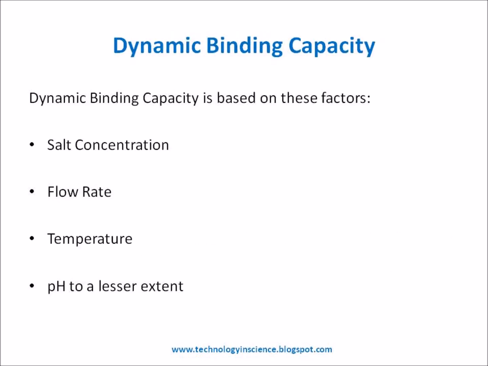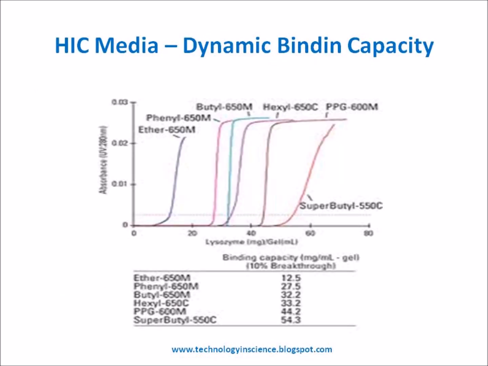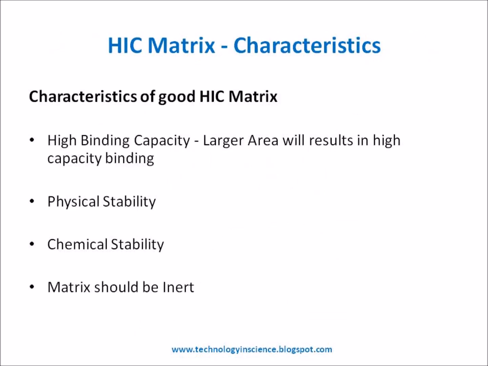Dynamic binding capacity is based on these factors: salt concentration, flow rate, temperature, and pH to a lesser extent. The characteristics of a good hydrophobic interaction chromatography matrix are high binding capacity, physical stability, chemical stability, and the matrix should be inert.